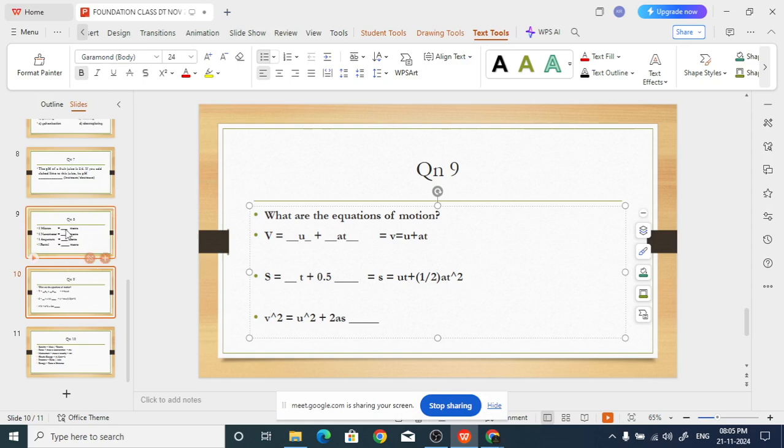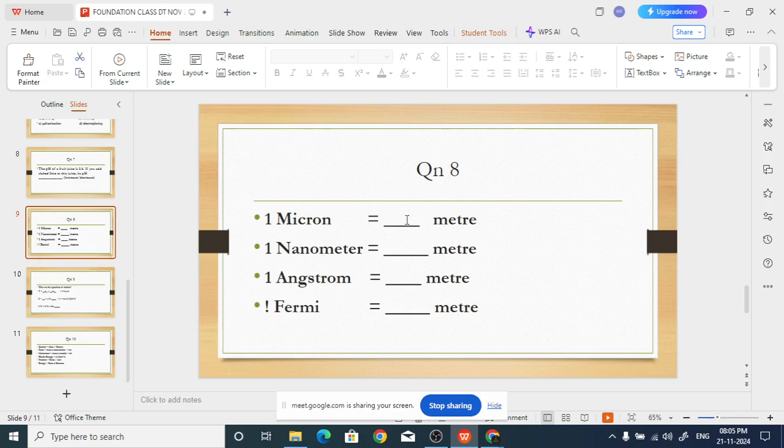Okay, go to the next question. Can you find out the answer for this?